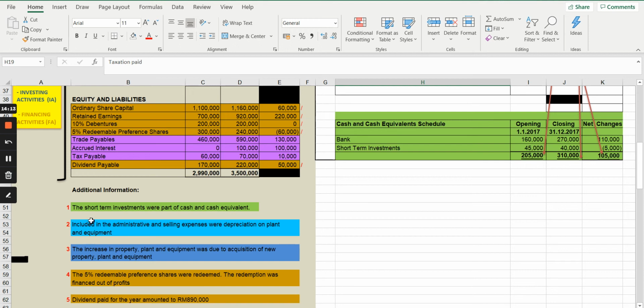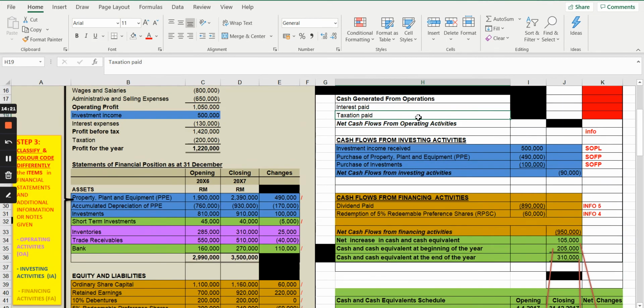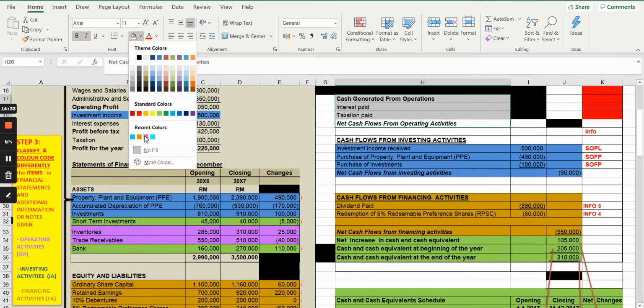There is no information regarding interest. Nothing was informed here regarding what was paid. So to get your figure done and put it in your statement here, remember these are all from operating activities, and we're going to put the color as purple, right? Because operating activities, I color code that as purple.